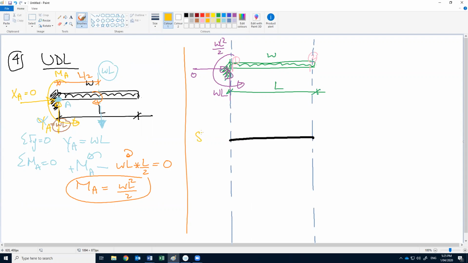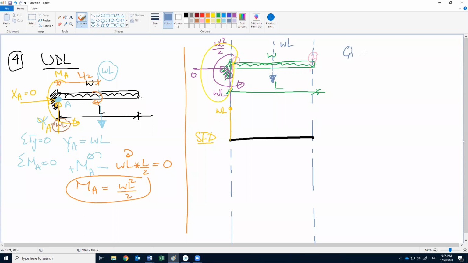So how do we draw the shear force diagram here? If we start with cut 1, what causes shear at 1? The reaction WL, upwards. How can we deal with the uniform load in shear? What we said before: if we have uniform load, we concentrate it, like here, WL.